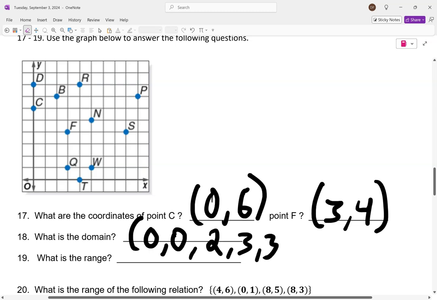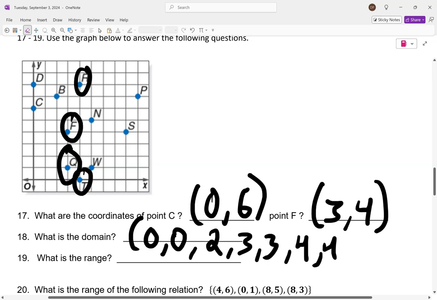So this is 3 and 3, and then there's a 4, and then there's another 4, and then there's 5, 5, and then 6, 6, 7, 8, 8 and 9, right?